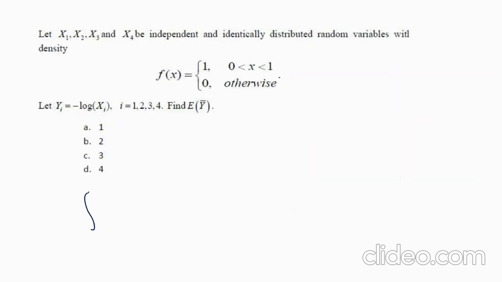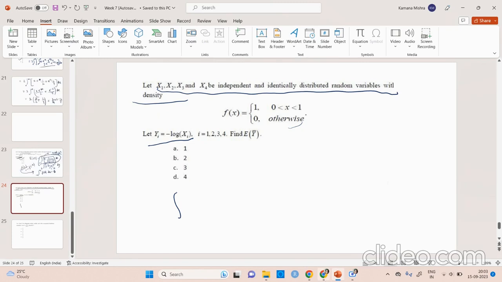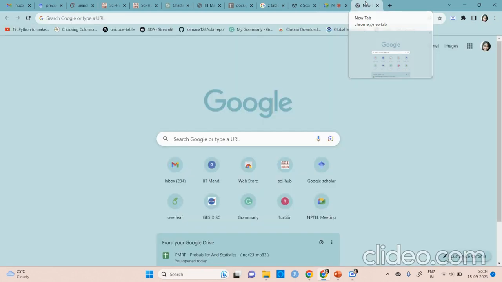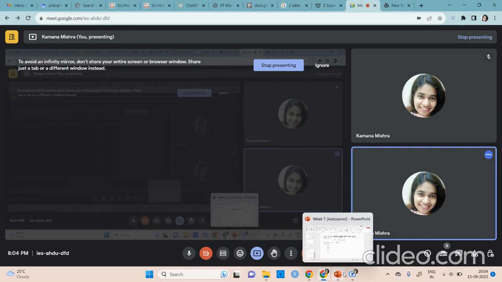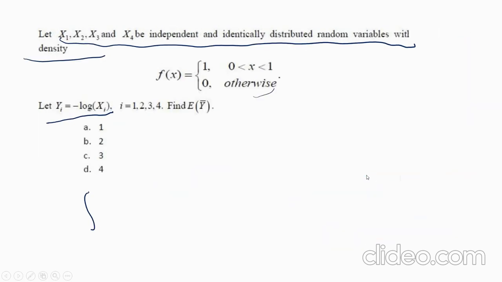Now the next question here is that x1, x2, x3 up to x4 are independently identically distributed random variables with this density, and yi is equal to minus log xi.